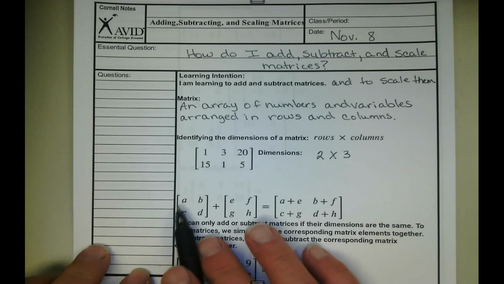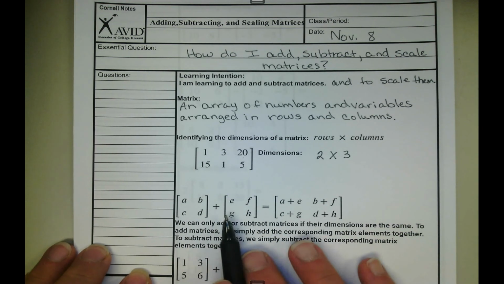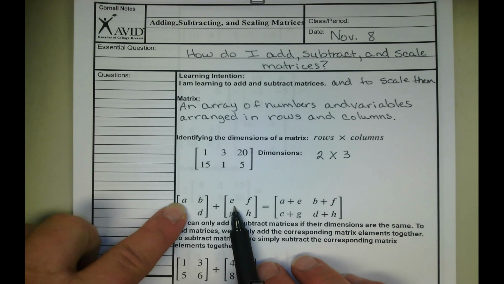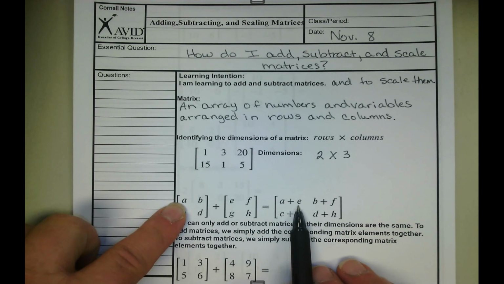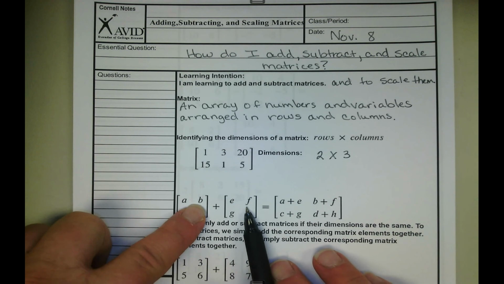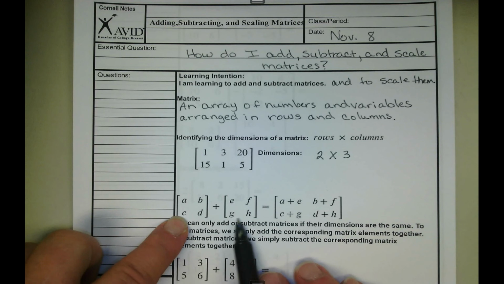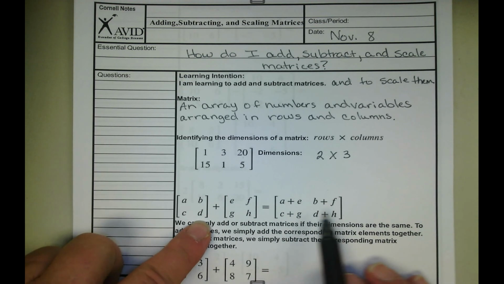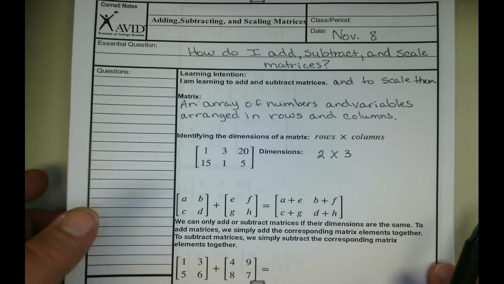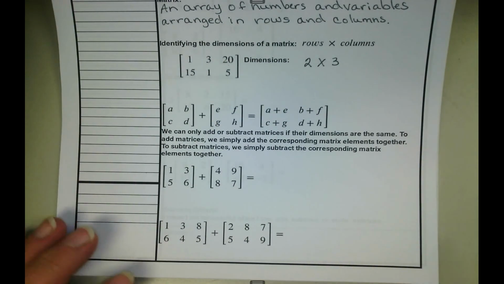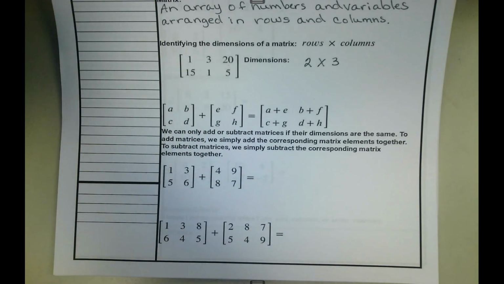So you've got this matrix, A, B, C, D, plus E, F, G, H. A and E are in the same spot, so this number is A plus E. B and F are in the same spot, so this is B plus F. C and G, C plus G. D and H, D plus H. When we get ready to do this, the first couple I'm going to show you every step so that you understand what I'm saying.